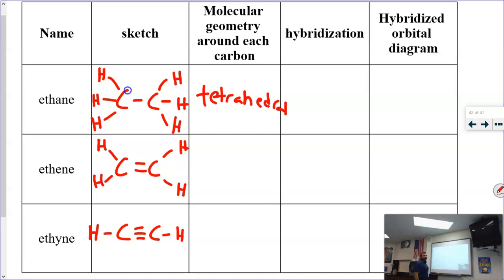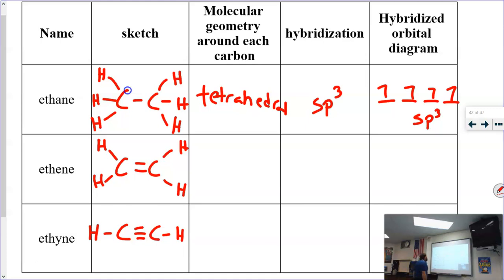Okay, what's the hybridization if we have a coordination number of 4? sp3. Okay, hybridized orbital diagram. You would have something that looks like that.